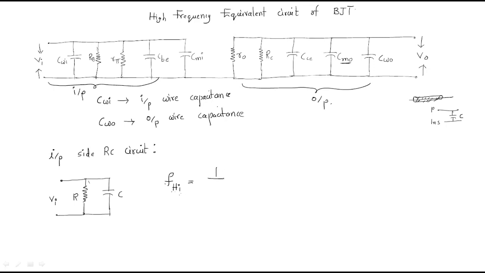I can write like this, that is 1 by 2π RC. Here what is the R value, what is the C value?